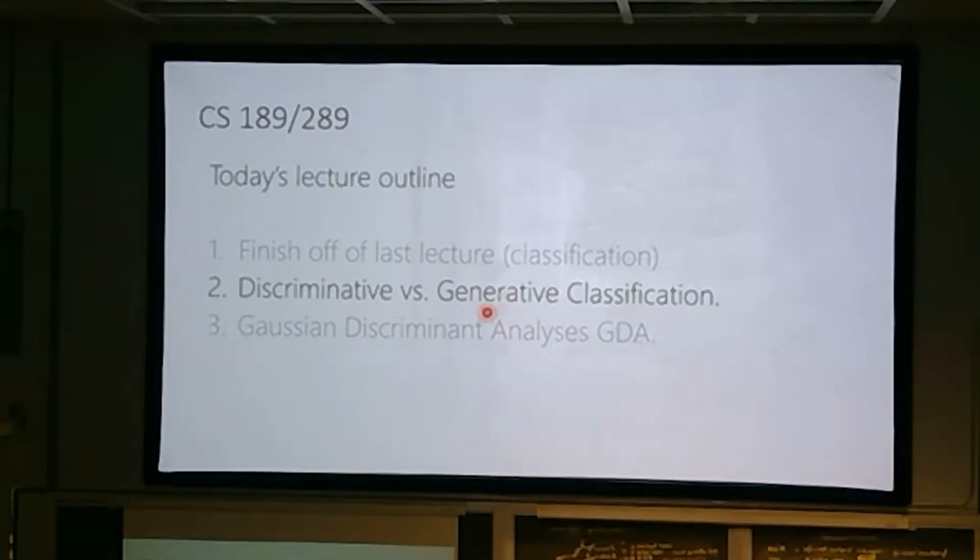Then we're going to go through in detail a class of generative classifiers that, very confusingly, are called Gaussian discriminant analysis, even though they're not discriminative models. I didn't make up these names, these are just the facts. So don't get confused. You'll see instantiations of this are linear discriminant analysis and quadratic discriminant analysis, and we'll see exactly what those are, but these are all generative models, not discriminative models.